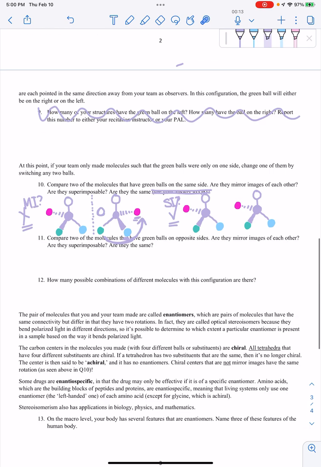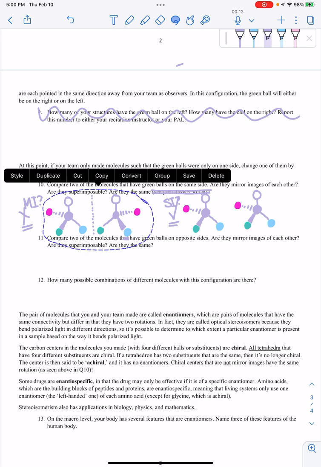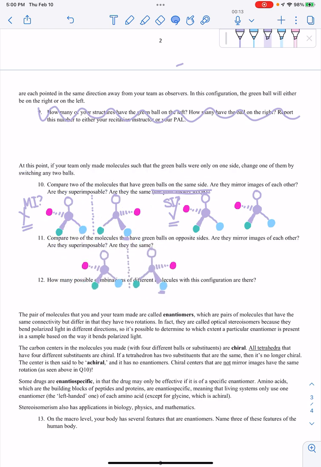So we can go now to question 11, which is asking about the same two molecules except when they have the green balls on opposite sides. So I'm just going to take duplicates of all of these.